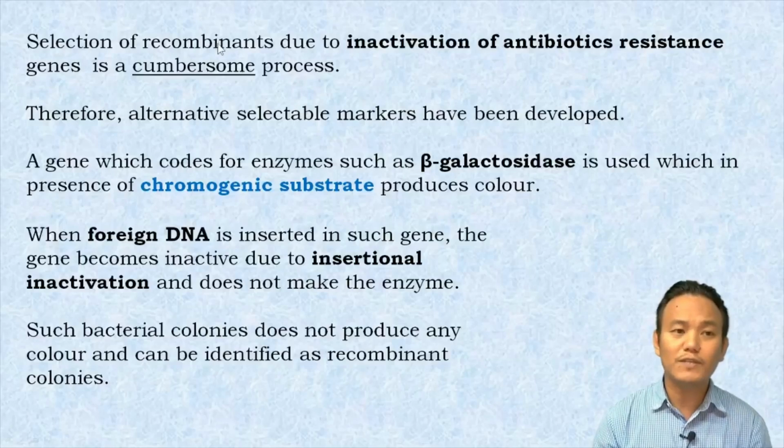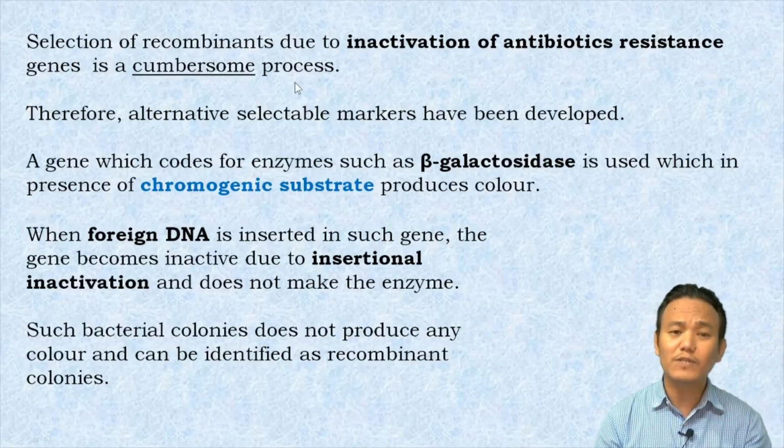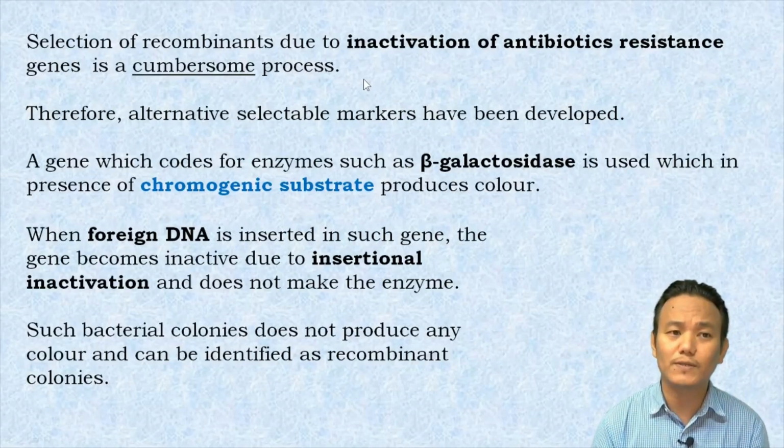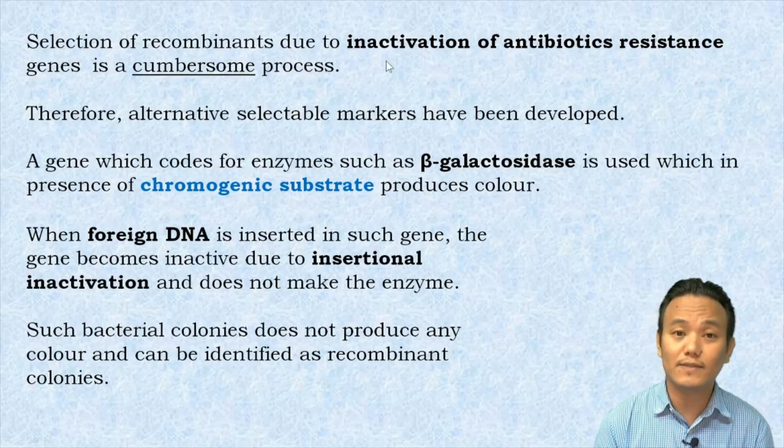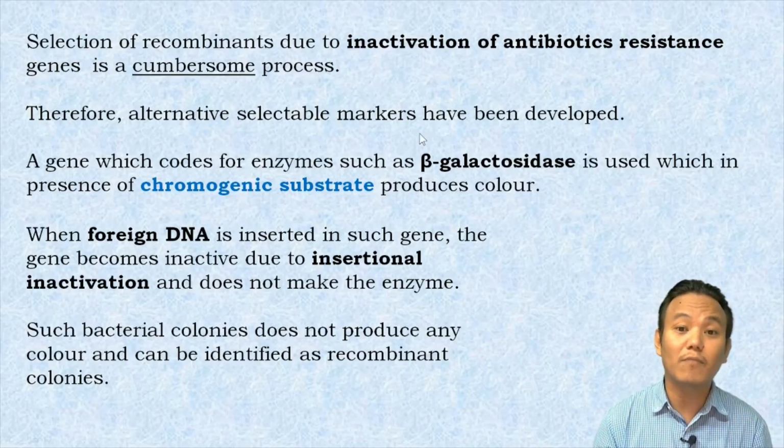So now you must have realized that the process of identifying recombinants from non-recombinants due to inactivation of antibiotic resistance genes is a very cumbersome process. It's a very complicated process. Even the scientists realized the same thing, and therefore they developed alternative selectable markers.